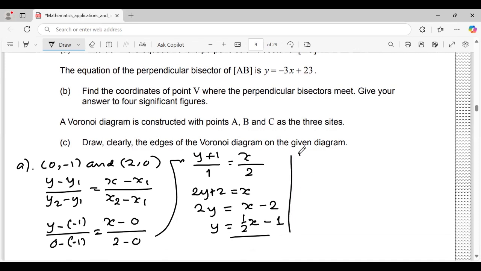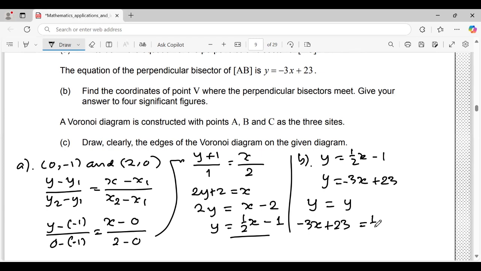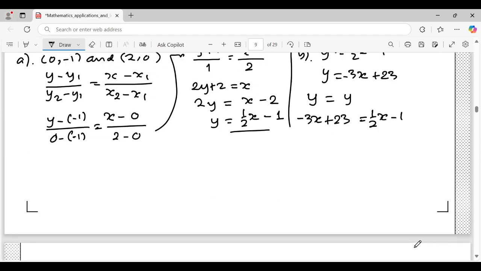Okay, so there are two equations. Y equals 1 half x minus 1, and y equals minus 3x plus 23. Y equals y, it means minus 3x plus 23 equals 1 half x minus 1. Multiply by 2. Okay.